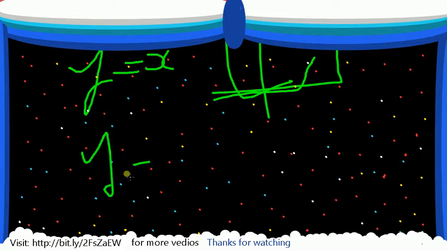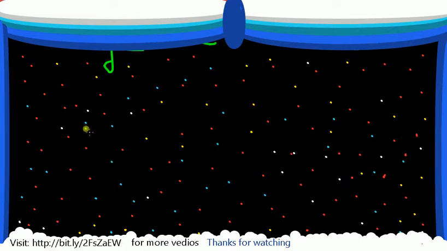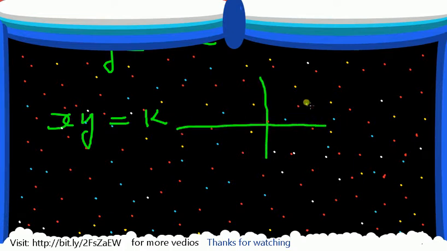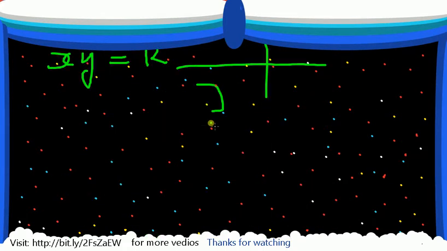If it becomes like this, it's from this family, but it's a transformation. So if you know the nature of the graph, it's easy to draw the other graphs quickly. So you must know the nature of the graph.